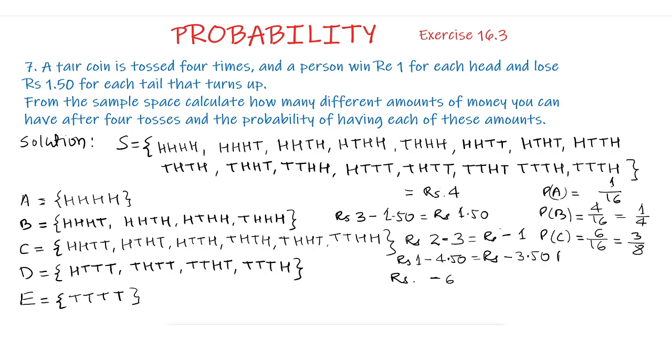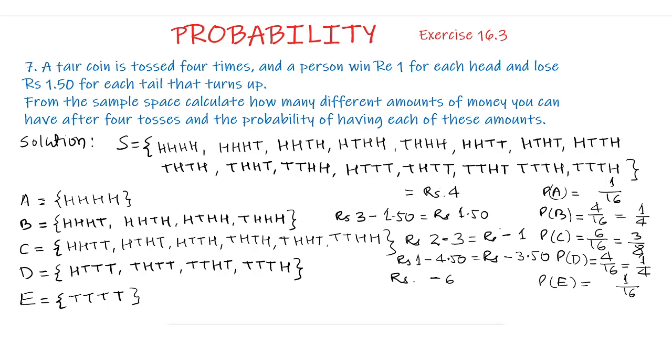And probability of event D, loss of rupees 3.50: the favorable outcomes for this are 4 in event D. So the probability for event D is 4 upon 16, which is equal to 1 upon 4. And probability of E, loss of rupees 6, is 1 upon 16, as there is only one favorable outcome in event E.